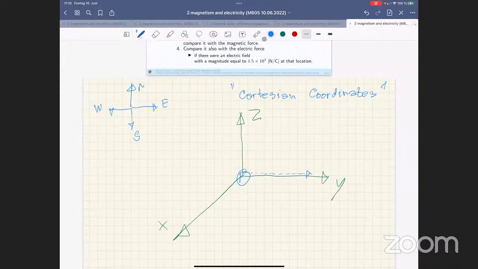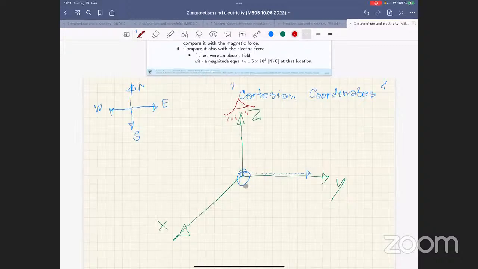If your eye is here and you look down onto this, you can see that the proton moves to the right.